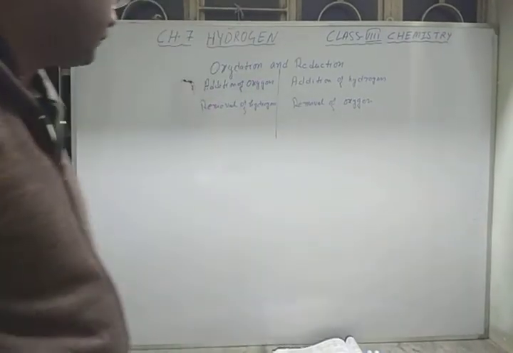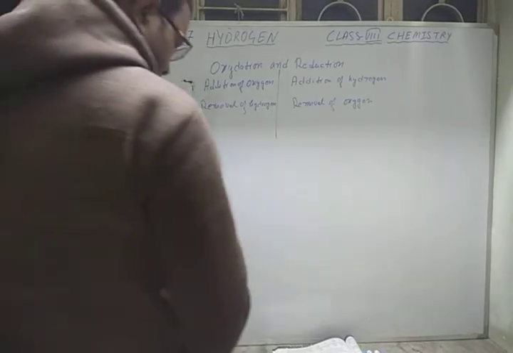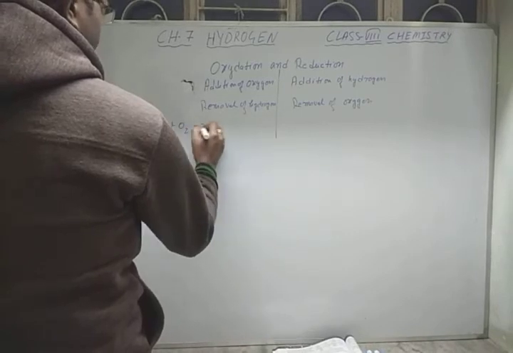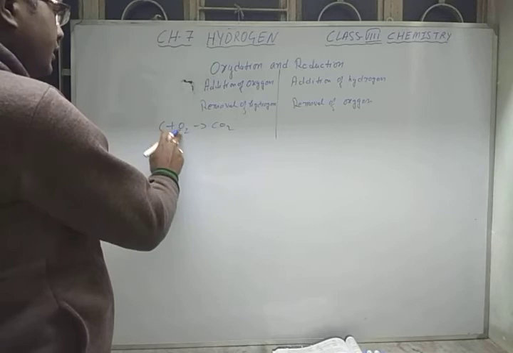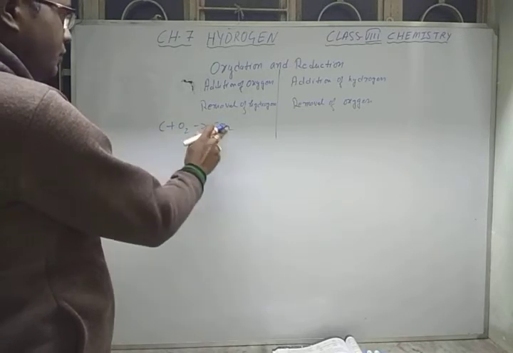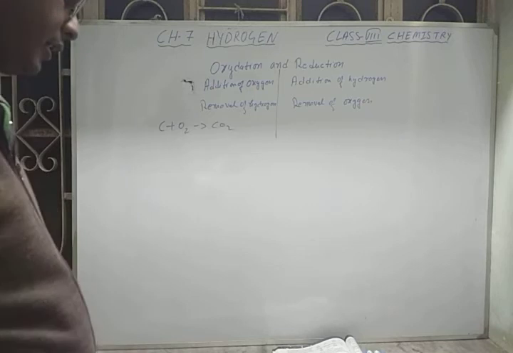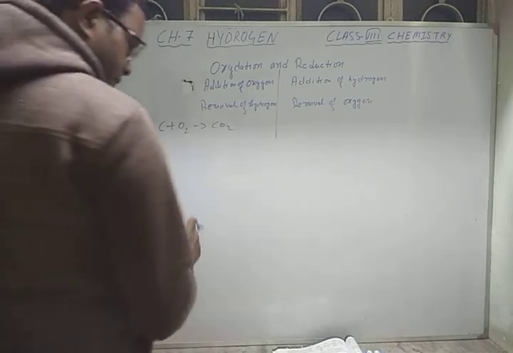Suppose, for example, if you see one by one, first of all we see the addition of oxygen. If you take carbon plus oxygen, it gives carbon dioxide. So what we see here, oxygen is added to carbon to form carbon dioxide. So it is a type of oxidation reaction. There are other examples also.